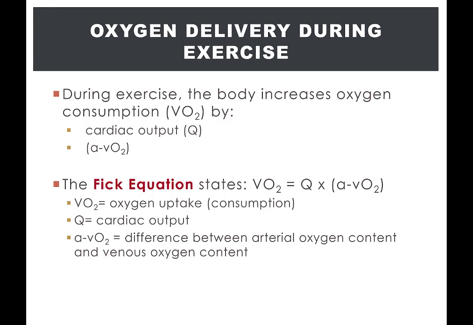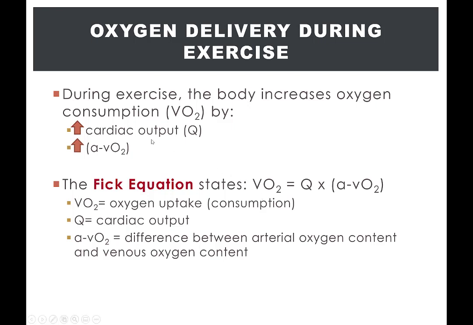Now, during exercise, we know that cardiac output increases. Also, as I will explain further in subsequent slides, AVO2 difference increases during exercise. And thus, based on the Fick equation, how would this affect VO2, the oxygen consumption rate? VO2 would obviously increase.